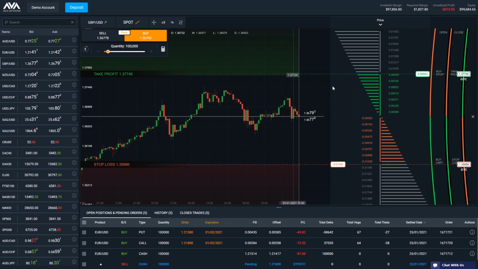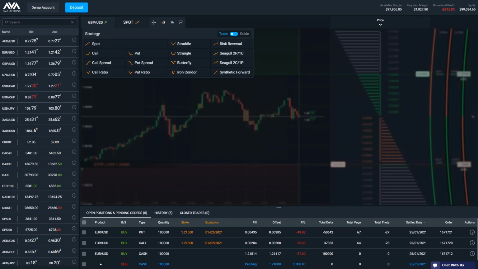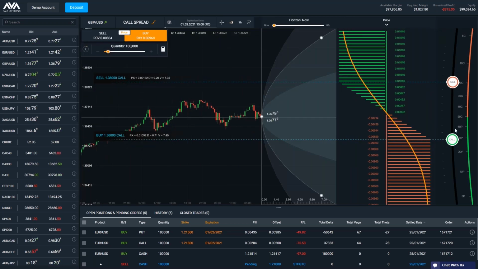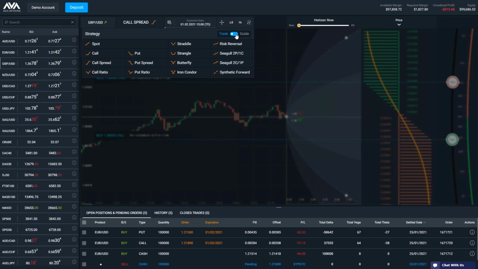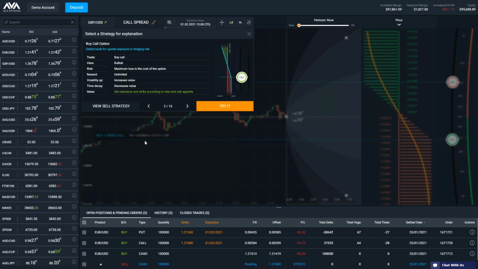Now, there are many ways that we could put on that exposure. We can use a call spread that's got upside potential with limited losses. If we go into our options strategy guide, we have other ways we can express a bullish view with limited risk. This one is simply buying a call option. This is a bearish view, so that's not expressing any bullish.